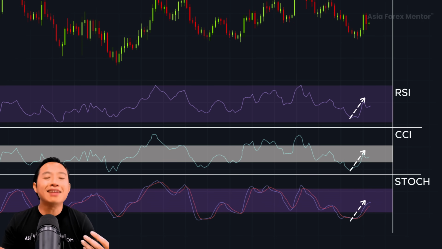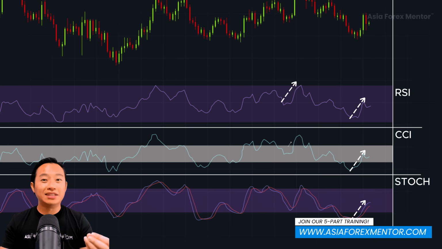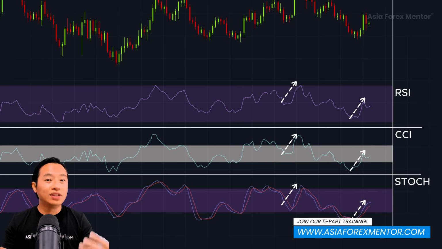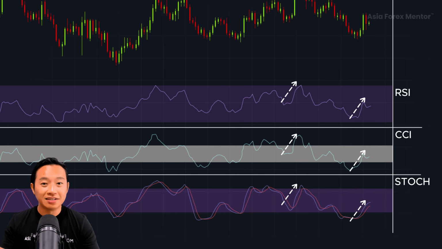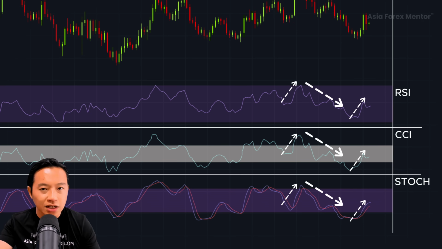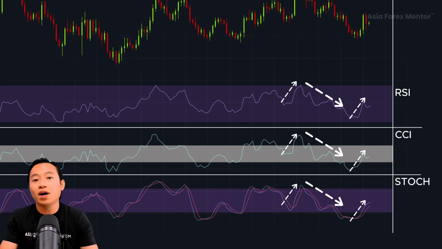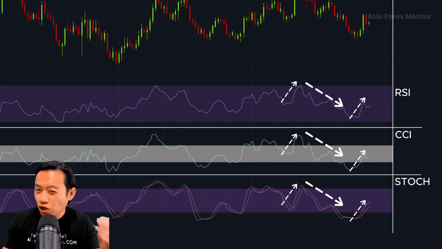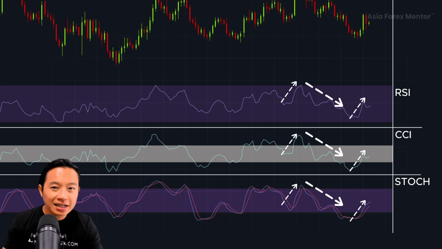It's not necessarily because there is a strong signal or the market will definitely go up. It's just how these indicators work together. When one indicator goes up, the other tends to go up too, right? When one goes down, the other usually goes down as well. So it's not because it is a strong signal, but because these indicators work in the same way. Their logic and the math behind it are the same.